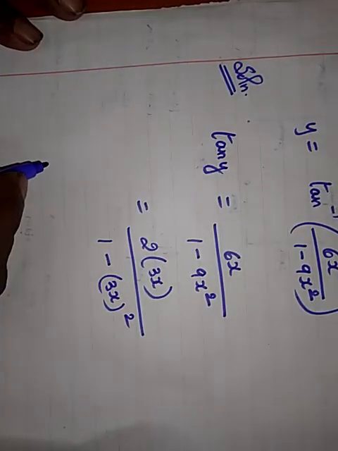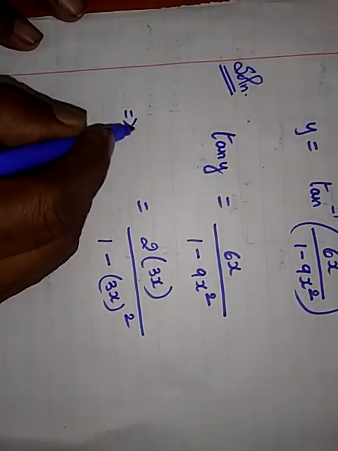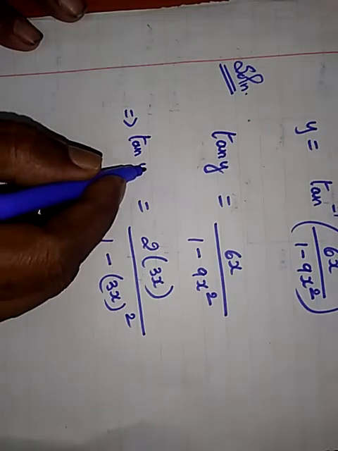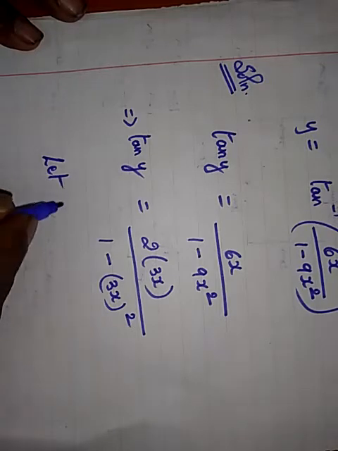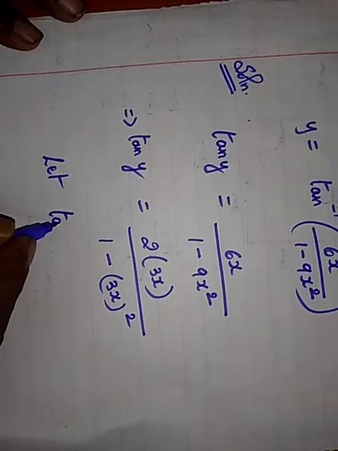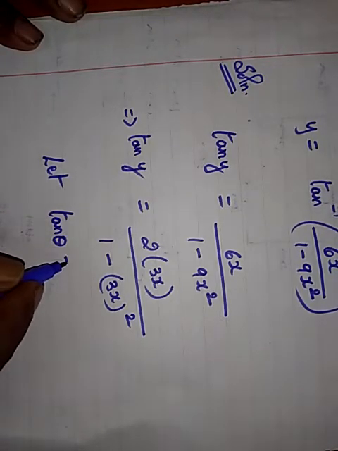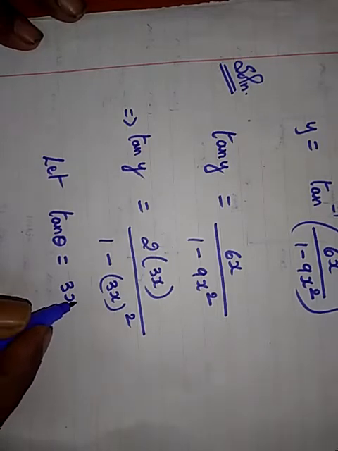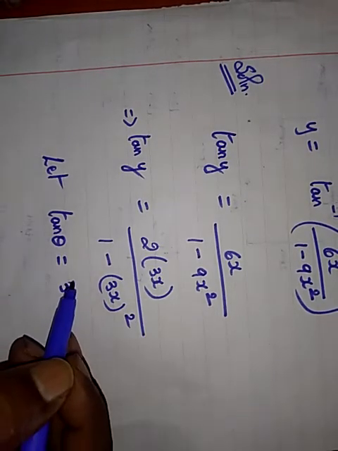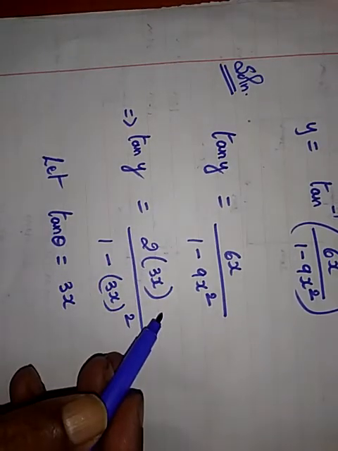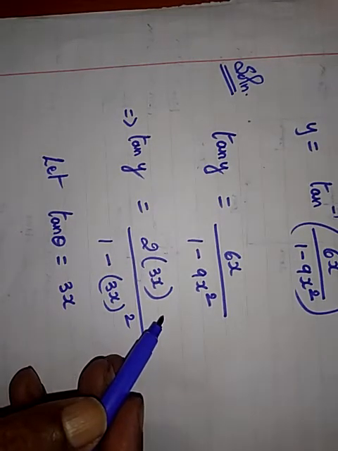Now we introduce, this implies tan y. Let tan theta equal to 3x. Here I want to replace 3x by tan theta so that I will get a trigonometric formula.